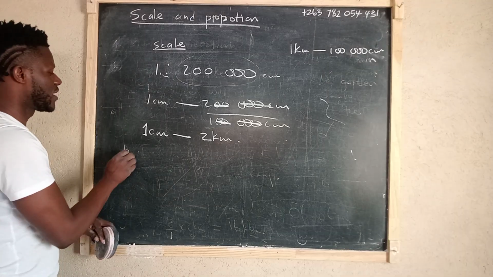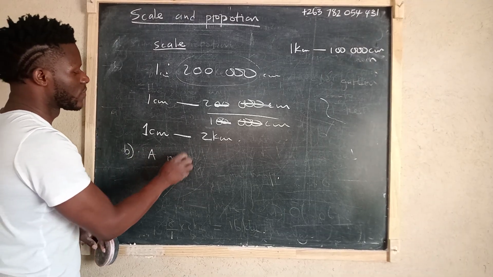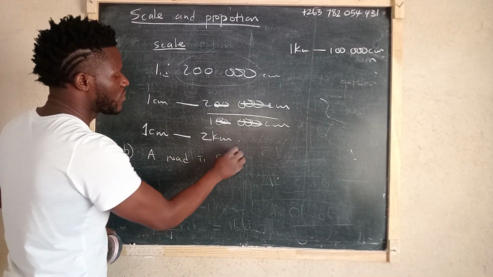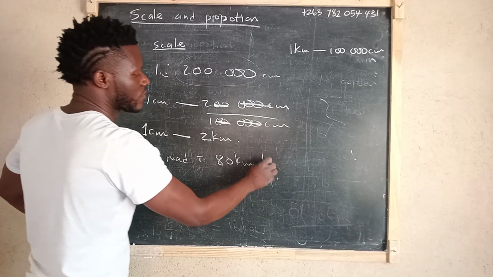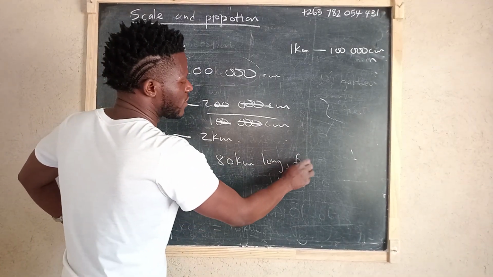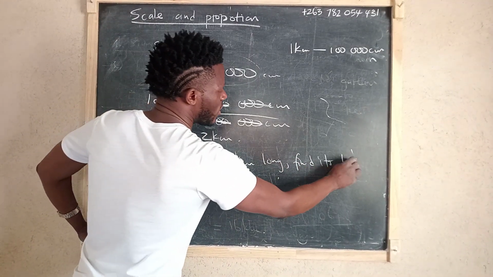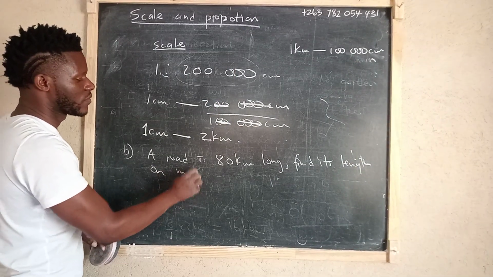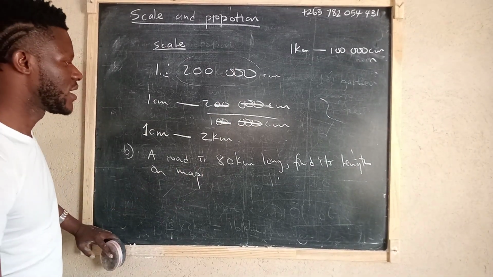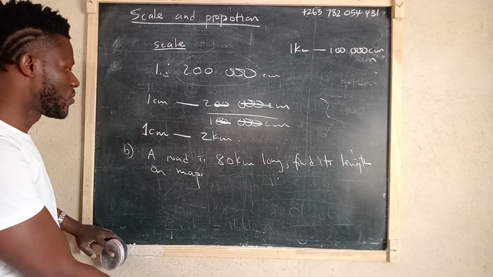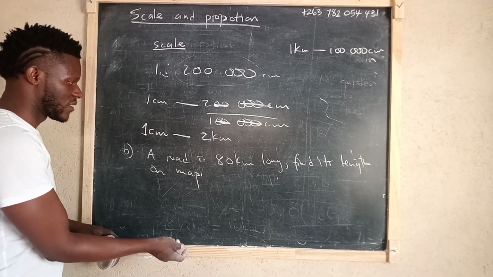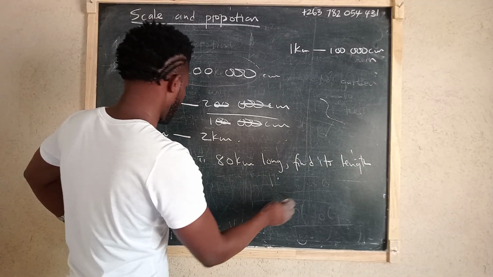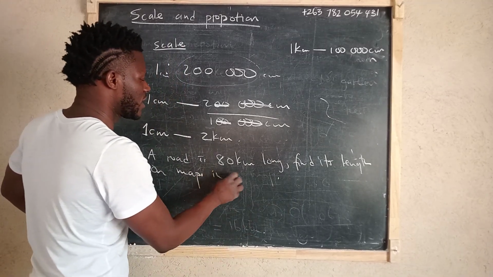Suppose question B is saying a road is 80 kilometers long. Find its length on the map in centimeters.